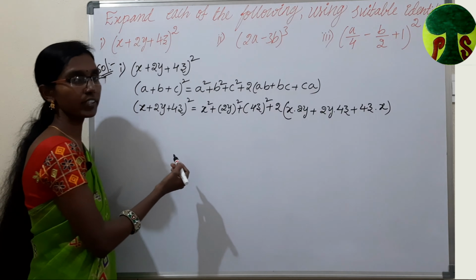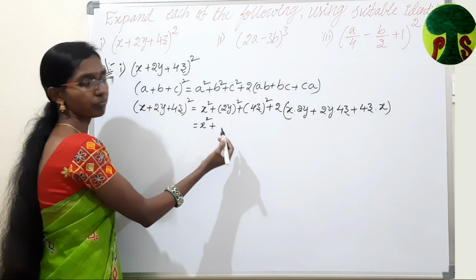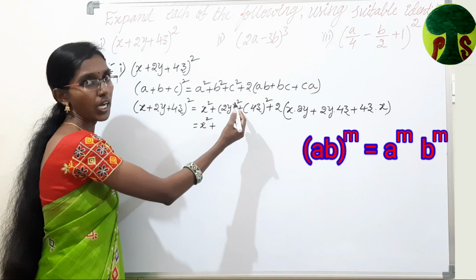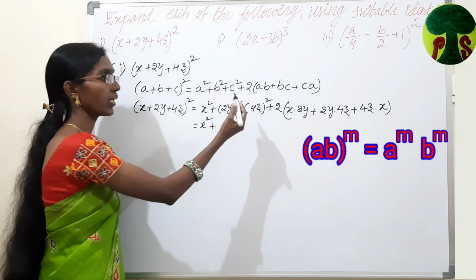Now we have to simplify this, which is equal to x square plus, this is in the form of (ab) whole power m. (ab) whole power m equals a power m into b power m.